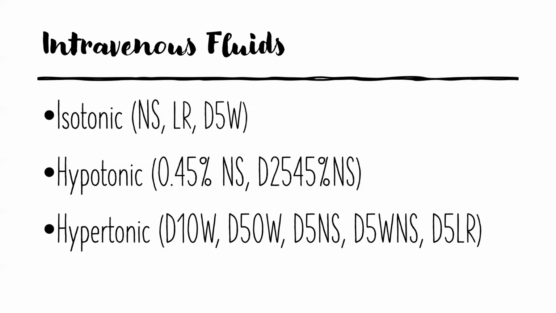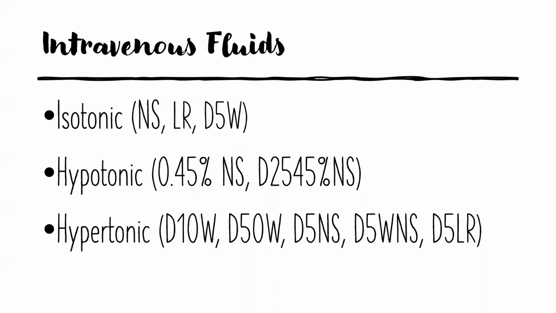There's a shift of fluid from the extracellular fluid to the intracellular fluid. So those are the characteristics of the hypotonic fluid, and the different hypotonic solutions are 0.45% or half normal saline, and 2.5% dextrose in 0.45% saline or half normal saline.